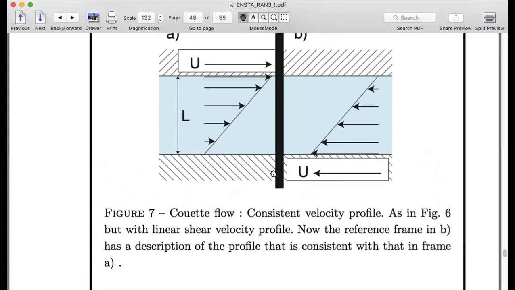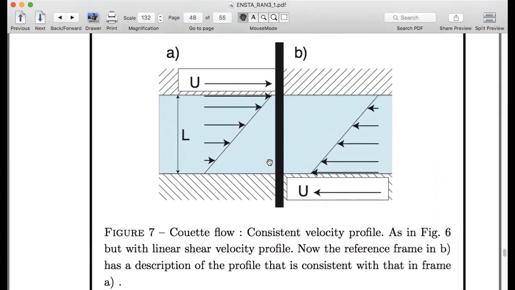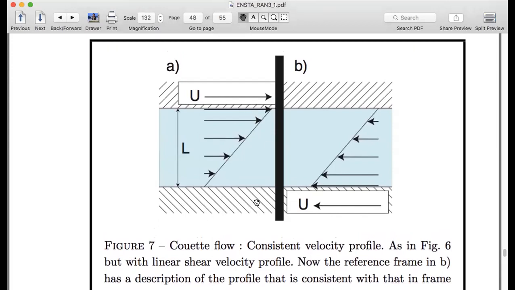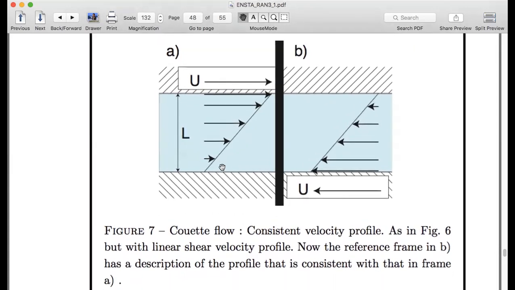Okay, so we're searching for a velocity profile between these plates. By the way, this is called Couette flow. We notice that if we have a linear velocity profile, then we've achieved Galilean invariance, if you like.